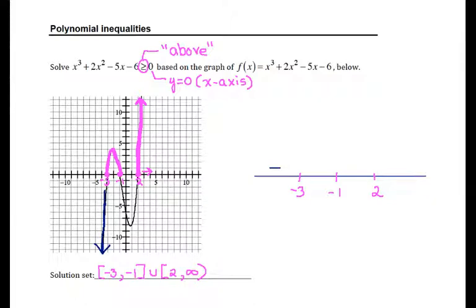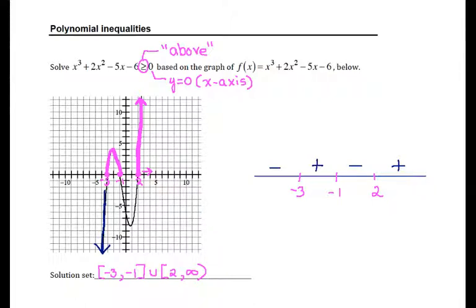Between -3 and -1, it is above, which corresponds to positive y values. Then it drops below again, and to the right of 2, it is above. So we could, based just on this number line, identify the intervals over which the function is positive and negative.